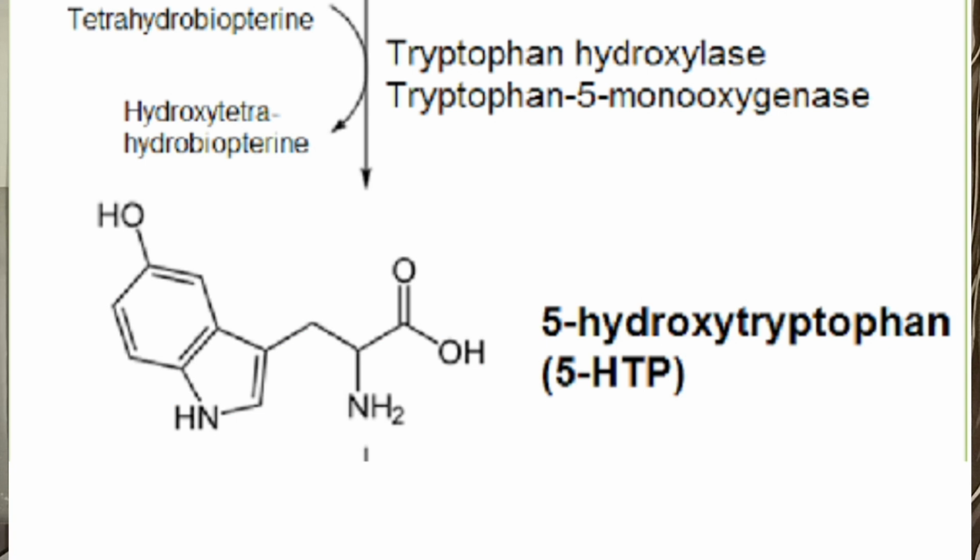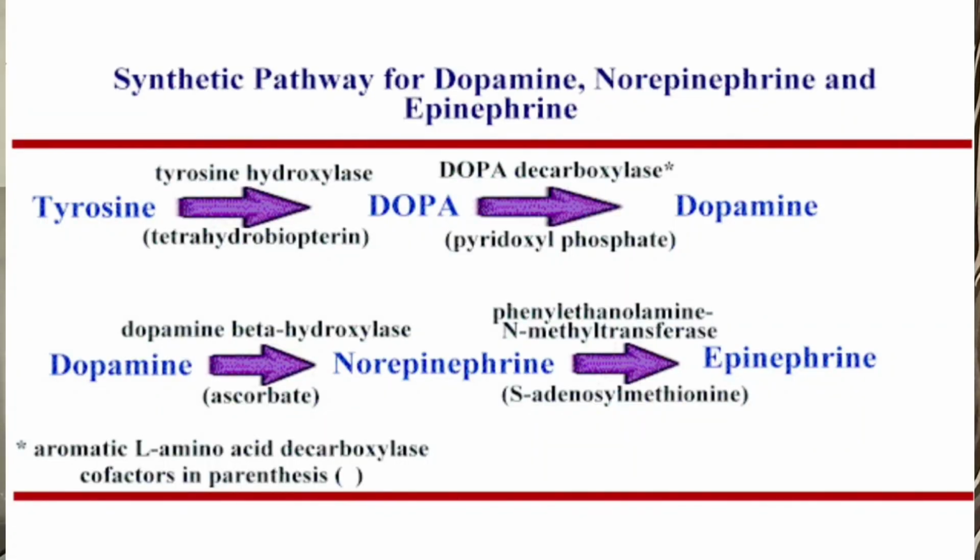When there's a problem with this coenzyme, the enzymes are not able to catalyze at their full potential. These two enzymes are needed in the pathway where dopamine, norepinephrine, epinephrine, and serotonin are produced, and these are essential neurotransmitters in the brain.